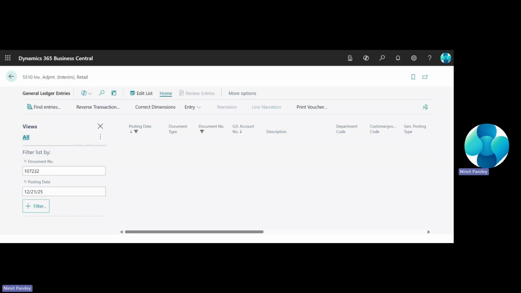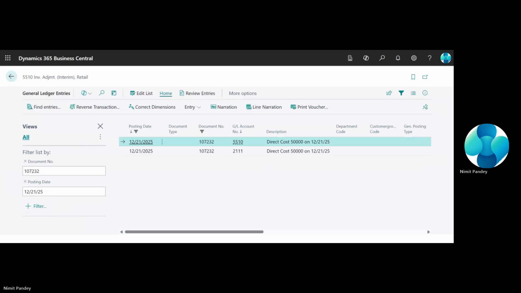Actually, sometimes we purchase, post the receipt, and at the same time we sell the same thing, but the purchase invoice can be pending at that time. So it's for that immediate inventory costing and the available inventory in our stock, the value of inventory basically.